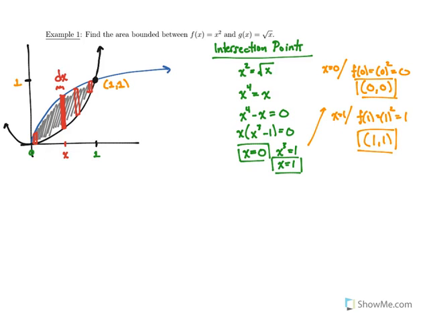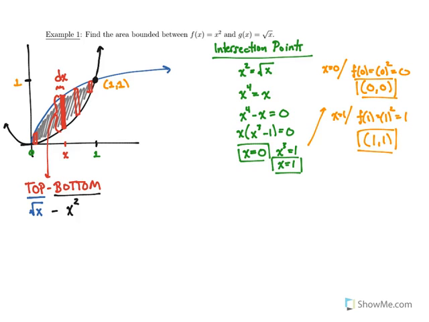The width is going to be dx. And the height of that rectangle is going to be the top function minus the bottom function. In this case, the top function is the blue line, that's going to be the square root of x. And the bottom function is going to be that black line, the x squared.